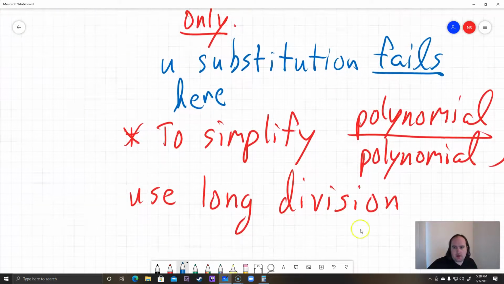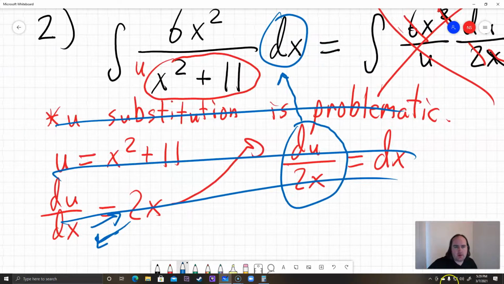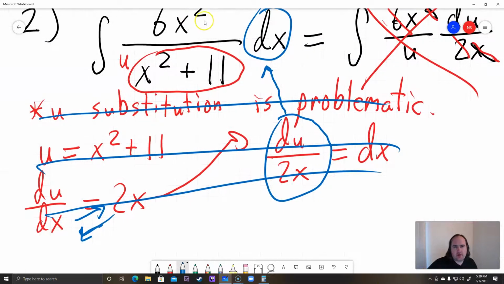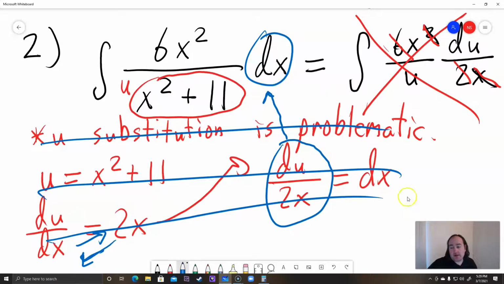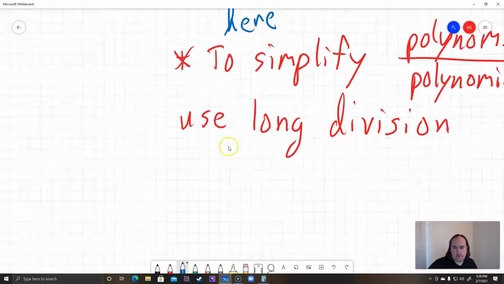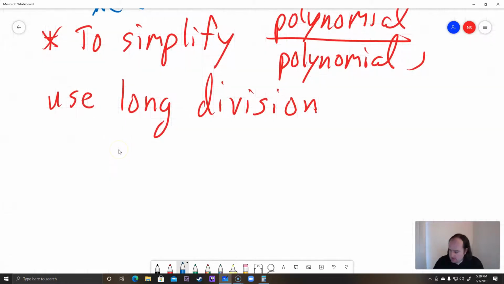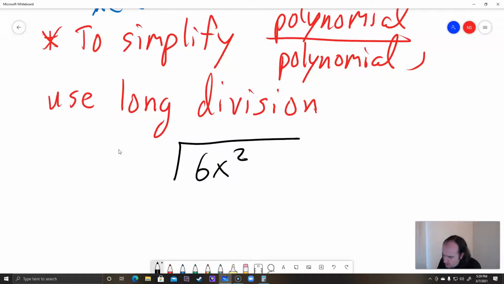So in polynomial long division, your numerator is 6x squared and your denominator is x squared plus 11. So we're going to be doing 6x squared divided by x squared plus 11. That's what we started with. Polynomial long division is a lot like regular long division.